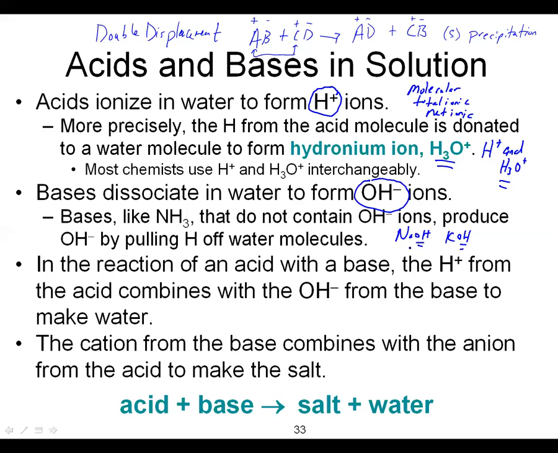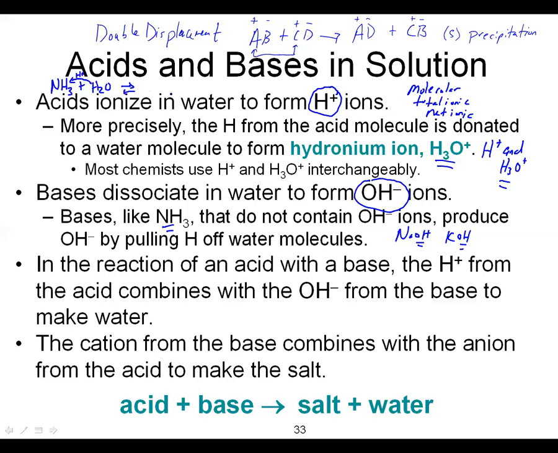But not all bases necessarily have to have hydroxide in them. A good example is what they have up here, which is ammonia, NH3. Although it does not have OH minus in it, when it reacts with water, it is able to take the H plus from water.